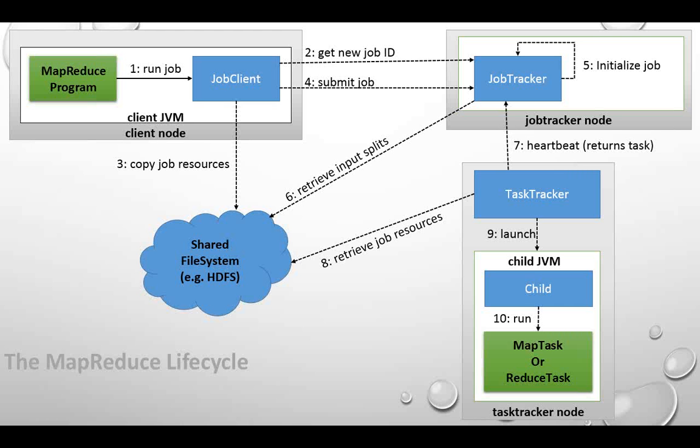If it doesn't get any reply from that machine, then it will take that particular task and shift it to other data nodes where the data resides, because we have 3 copies of data, right? So we can run that particular task on some other node.